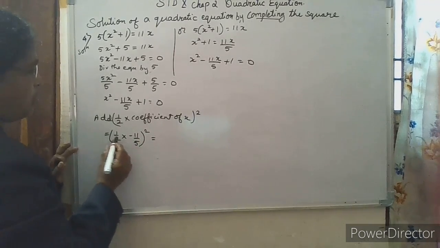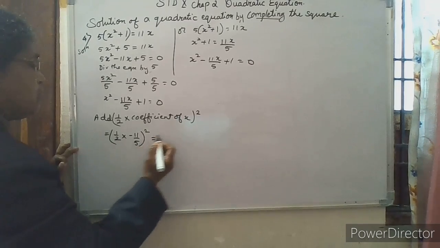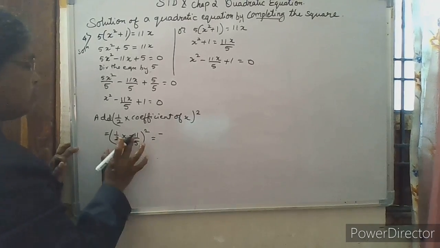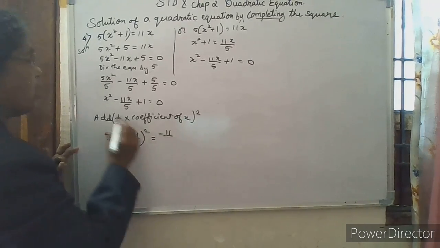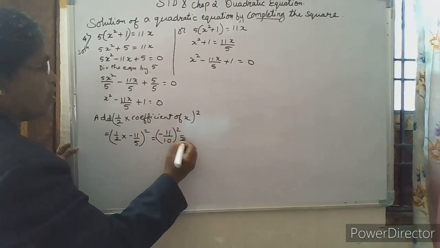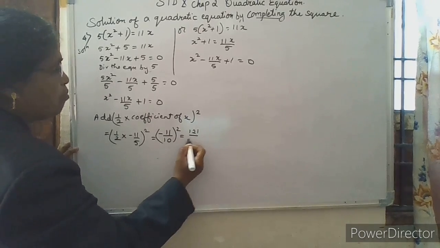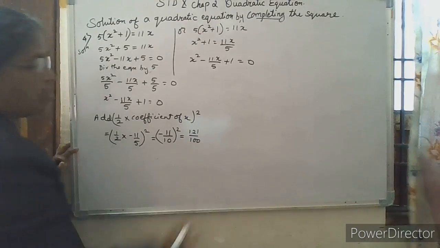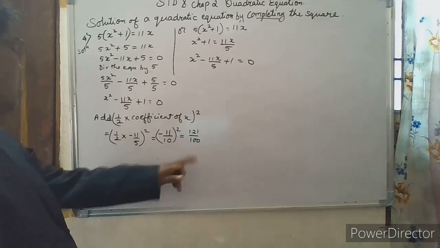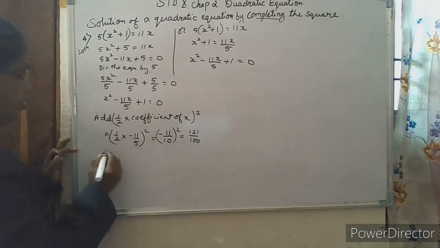Now nothing is cancelable here. So it is minus 11 by 2 fives are 10, the whole square. So it is equal to 121 by 10 square is 100. Now add this number here.